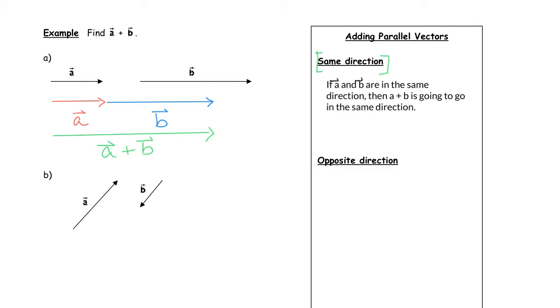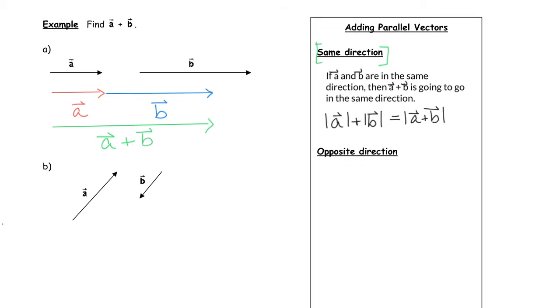Let's make sure that we put our arrows to show that those are vectors. The other thing we're going to write down, which is probably obvious from our picture, is that if I take the magnitude of A and add it to the magnitude of B, and again, those are just the lengths of the vectors, this is equivalent to the magnitude of the resultant vector A plus B.